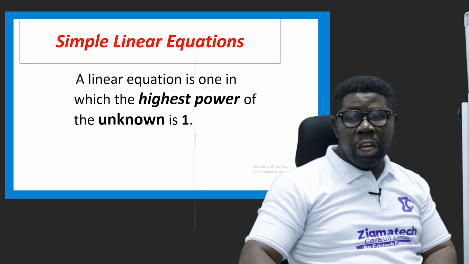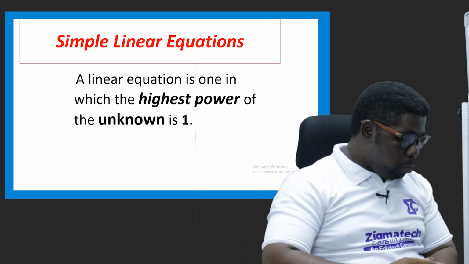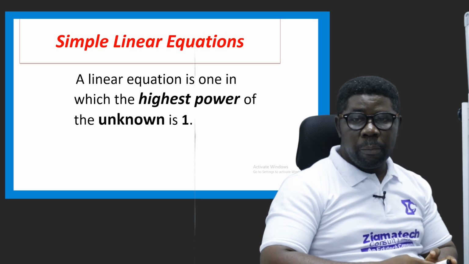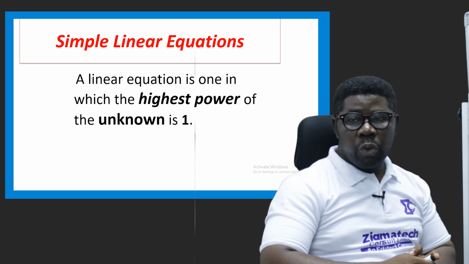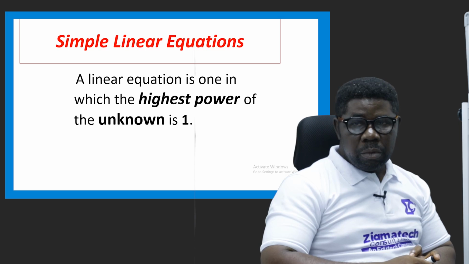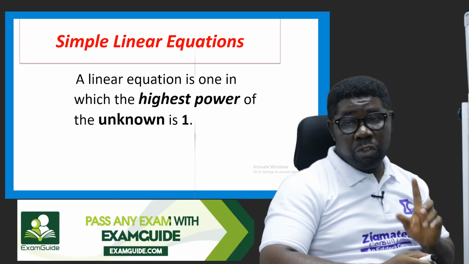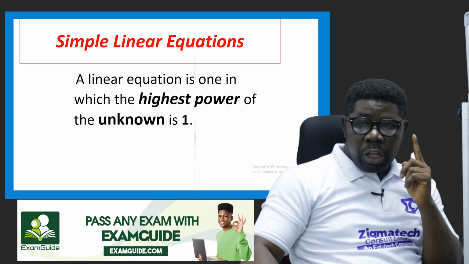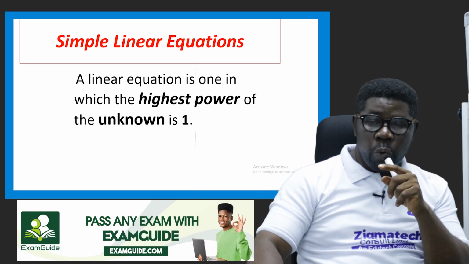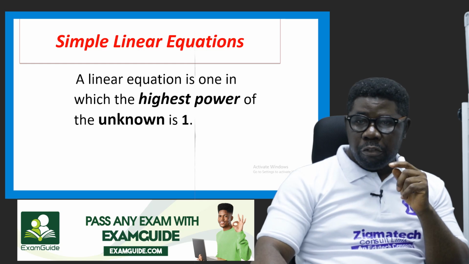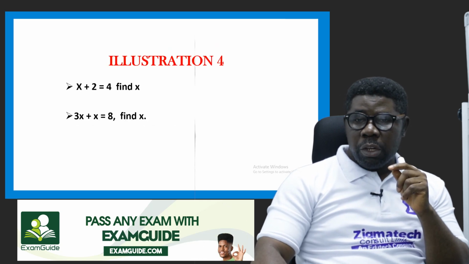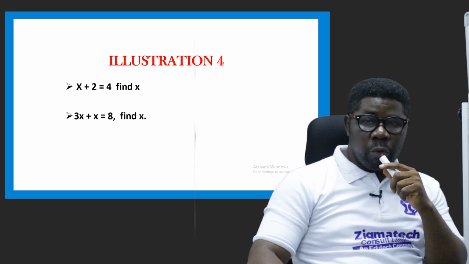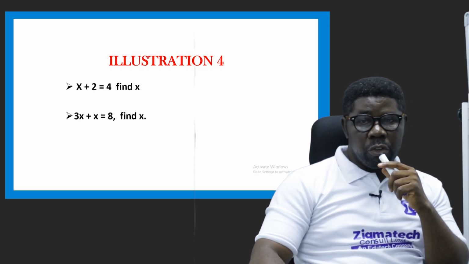Illustration 4 will come when we look at this understanding. We look at linear equations, which take us to the most common thing we already know about demand and possibly supply. A linear equation is one in which the highest power of the unknown is equal to 1. For this illustration, we have x plus 2 is equal to 4.